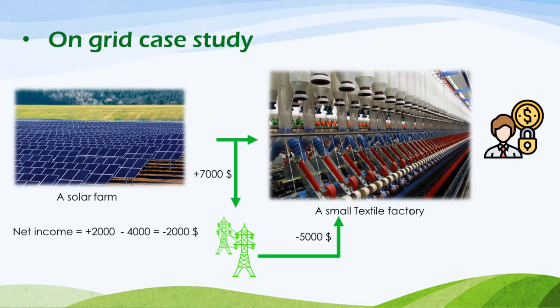So at that moment the net revenue that the owner will take is $7,000 minus $5,000, which is $2,000. And at this time the owner will be gaining money from the farm, not only paying for the factory bill. But this is not a complete picture till now.